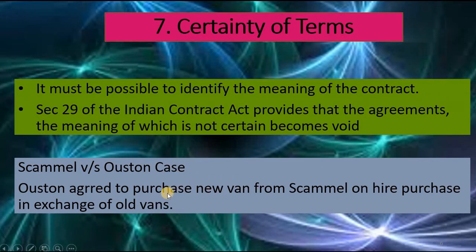Based on this, the agreement was considered a void agreement, because Outston agreed to purchase a new van from Scammell, it's fine, but if we consider it as hire purchase, then Outston has to make a periodic payment. But the thing was, in exchange of old vans, so it's highly difficult to understand the terms of the contract. So for that reason, under this ground, this particular agreement became void.